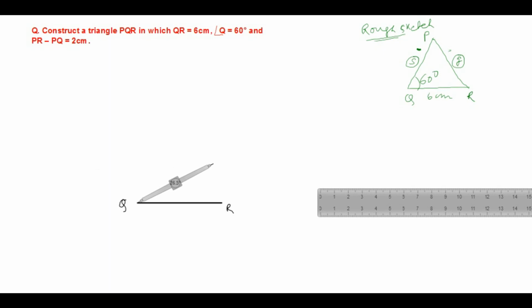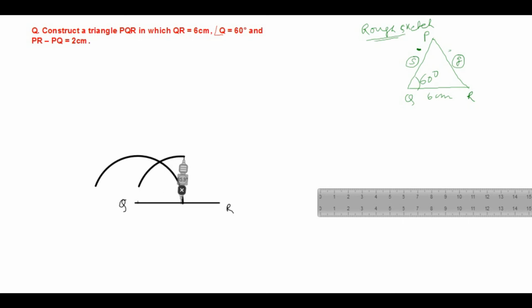Put your pointer at the point Q, take a convenient length of arc, and from here you take one arc, and again by taking the compass at this point we have to take another arc.